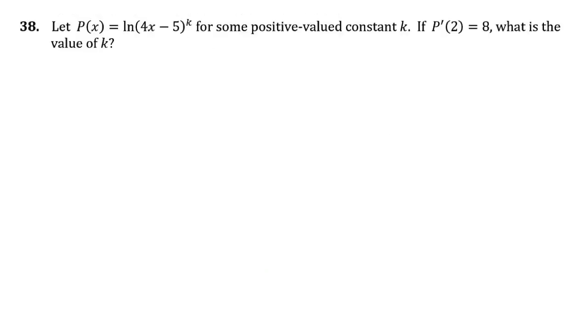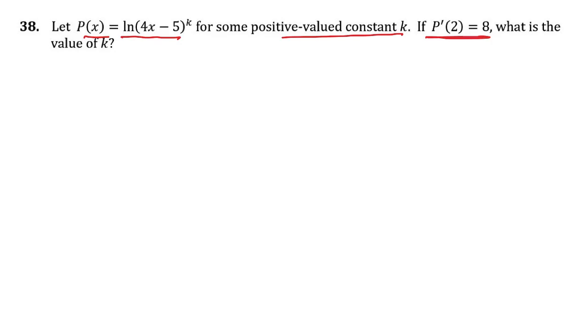Now, number 38, this again is testing for concept. Notice it's not just finding the derivative here so much as it's seeing, do you understand this notation, which is an ordered pair for your derivative. And your original function looks like this. And k is some positive value, and it is a constant.